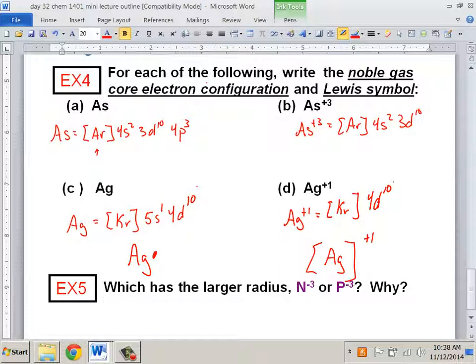Okay. And then there's a last question. What's larger, nitride or phosphide? Where are they? Here they are. What's larger? Phosphide. Doesn't sound so confident, though.